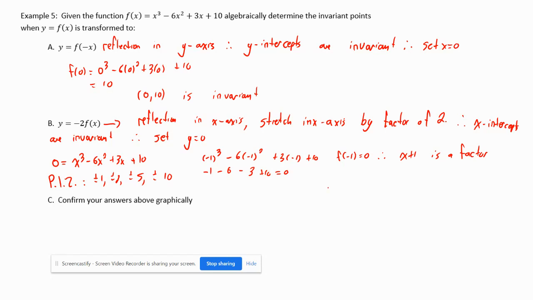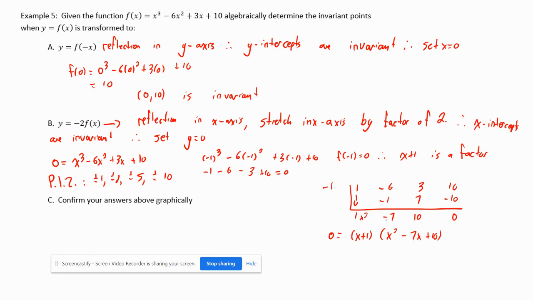Now our synthetic division step. So the 1 comes down. Again, guys, many people watching this video probably have not learned this stuff yet, but you will in the next unit. So we get 0 equals x plus 1, x squared minus 7x plus 10, because that's what this represents over here.